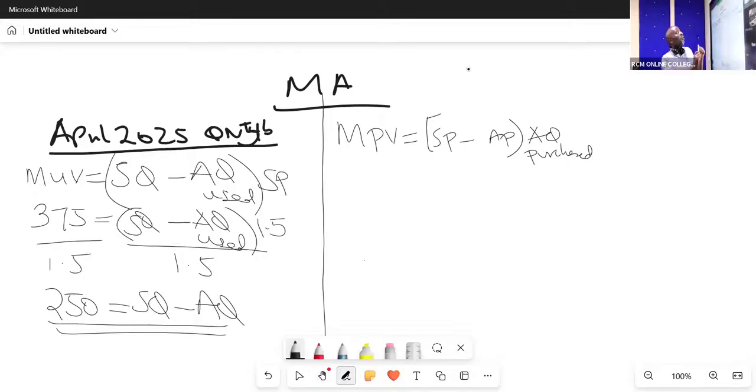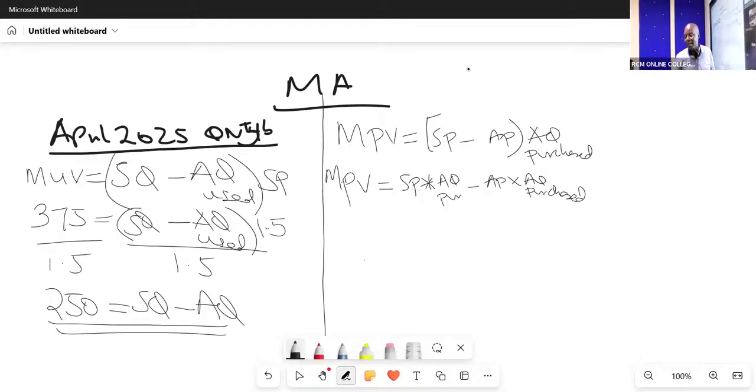So in that case, what should I do as a serious student? Ladies and gentlemen, I will have to open brackets, something I knew most of us would not have done. I'll write that material price variance equals SP times AQ purchased minus AP times AQ purchased.